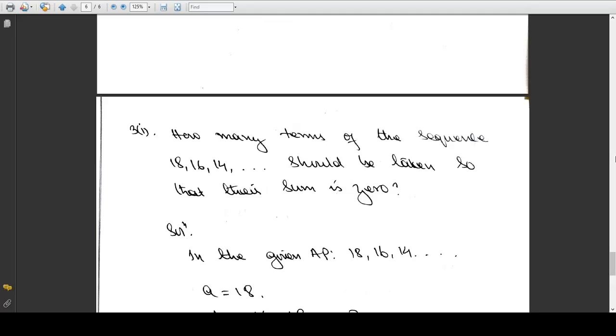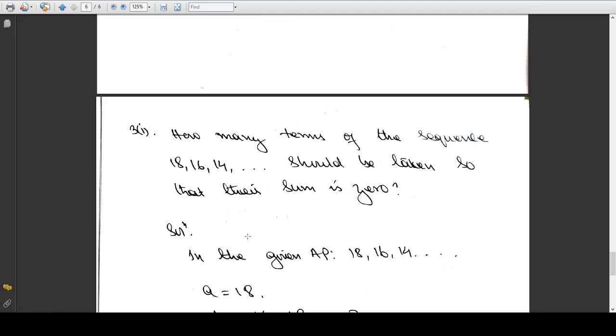Then if you add together, you have to add those plus terms with those minus terms. At some point in the terms, the sum should be 0, and here we need to find out how many terms of this progression, if we sum them, give a sum of 0.